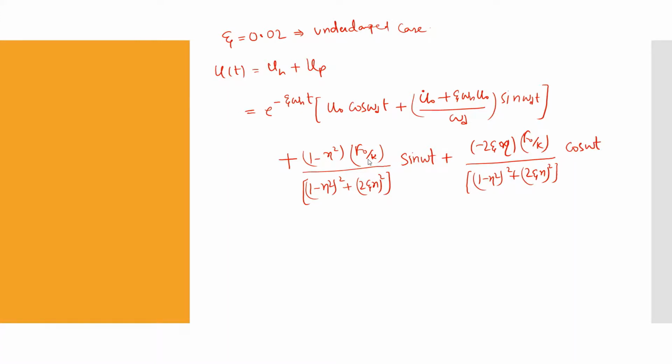So it is our total solution. This part was the homogeneous and this part was the particular solution, so the complete solution would be the sum of both.